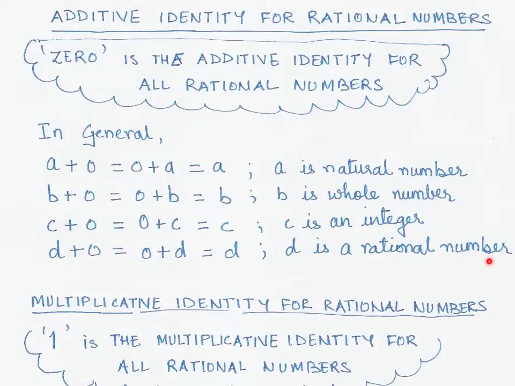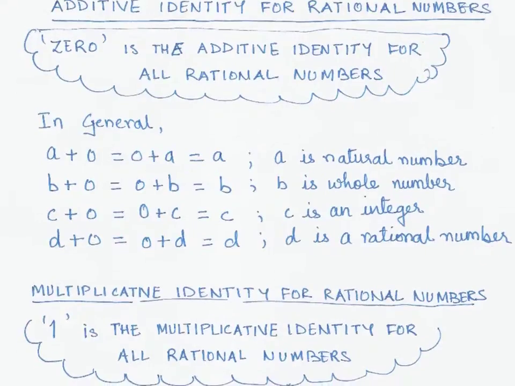Now, the way we have an additive identity, we also have the concept of a multiplicative identity. Multiplicative identity simply means: what do I multiply with a rational number to get that rational number back? Multiplication by the multiplicative identity does not lead to any change in the result. And the answer in this case is very intuitive.